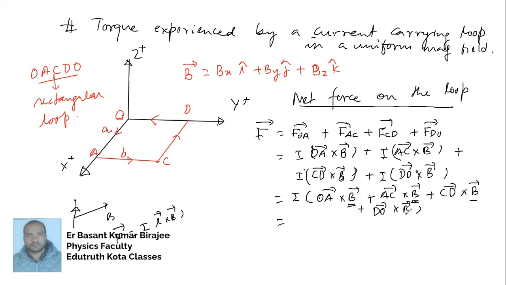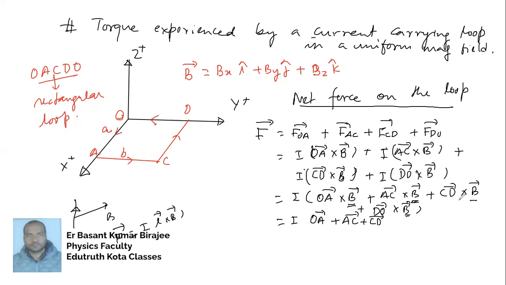In each term we have B. So applying the property of cross product, the distributive property, we can write OA vector plus AC vector plus CD vector plus DO vector, cross B. You might have studied the distributive property in vectors.